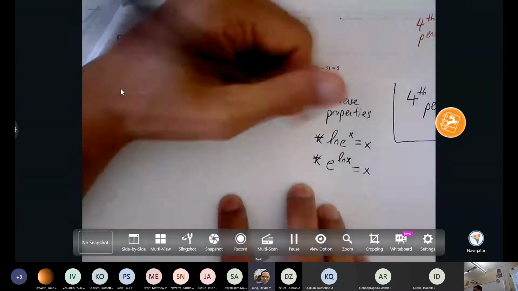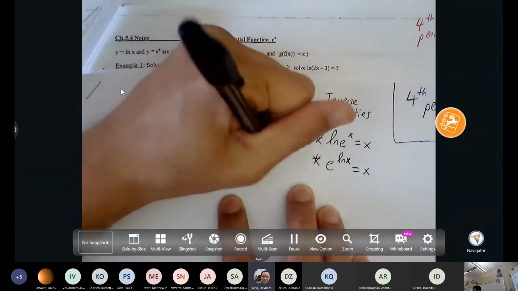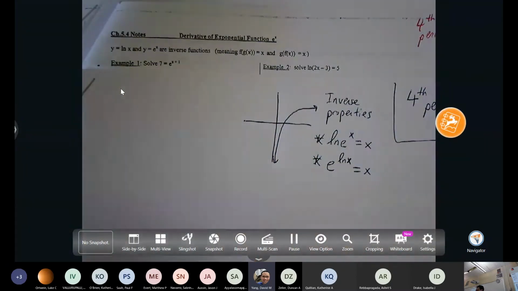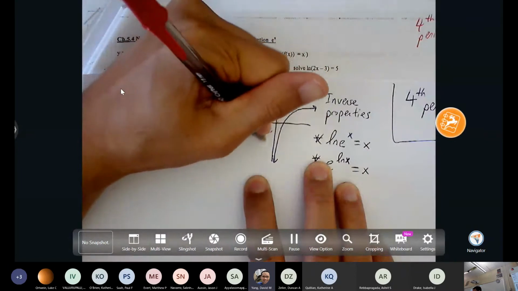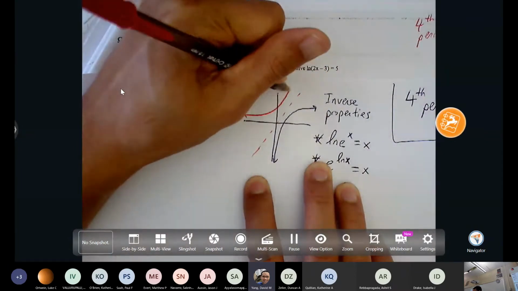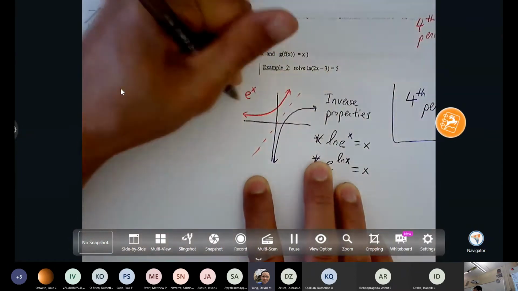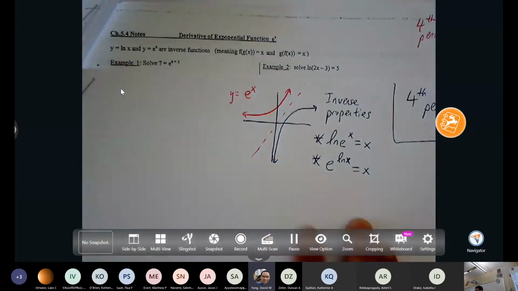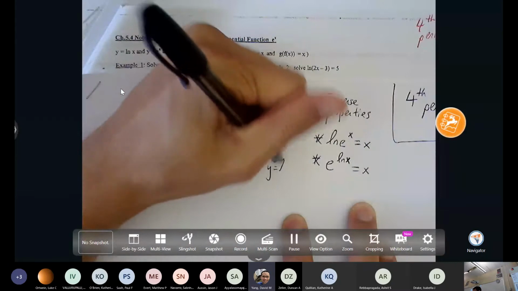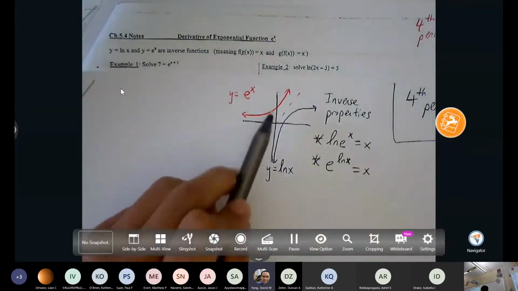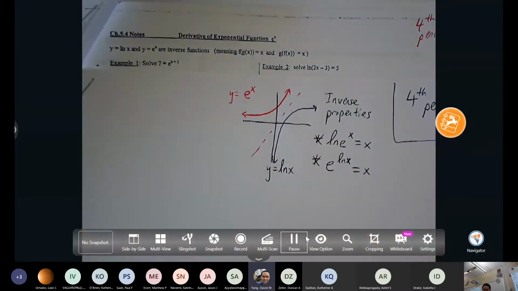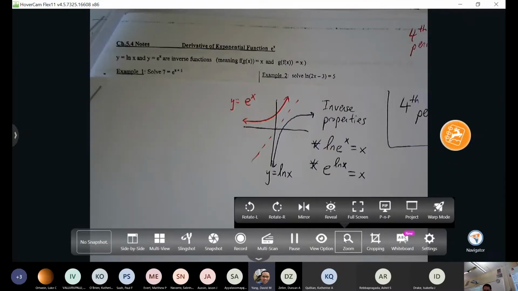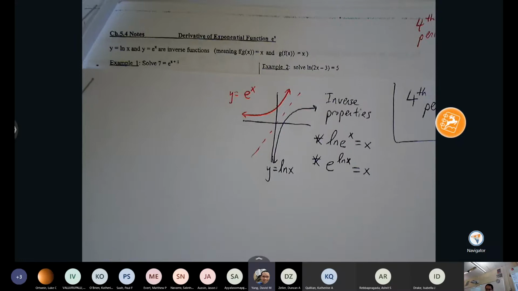So if your natural log graph looks like this, your e to the x is going to look like this. So these are inverse functions, and today we're talking about the properties and the derivatives involved with e to the x.